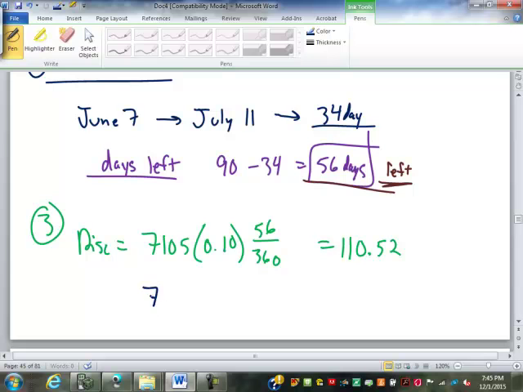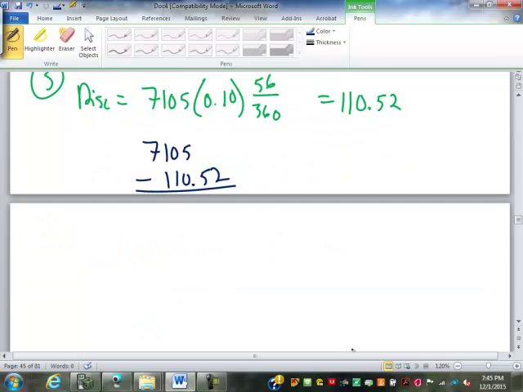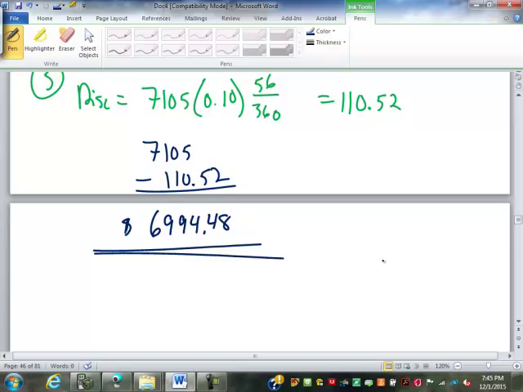So then for the proceeds, you take the $7,105 minus $110.52, which gives us $6,994.48. That's the proceeds. Any questions?